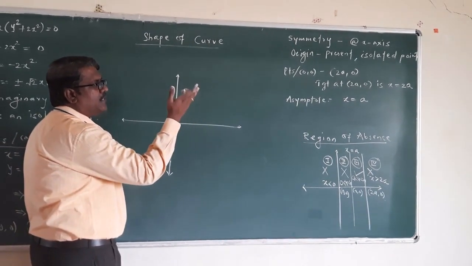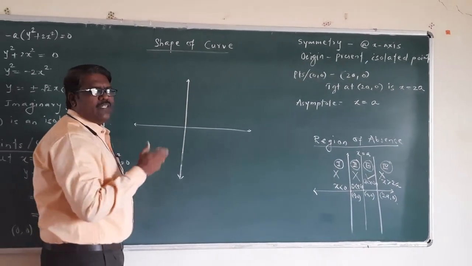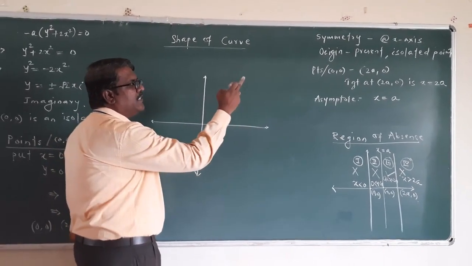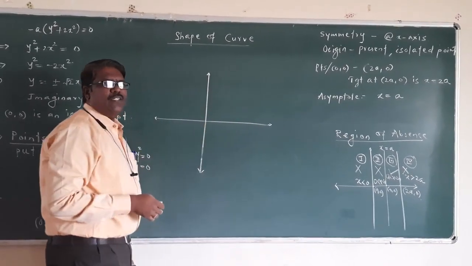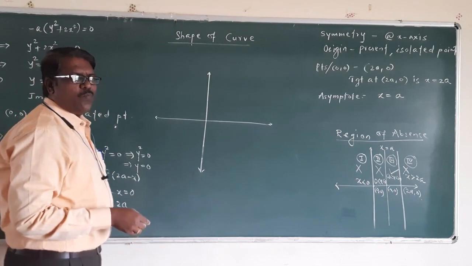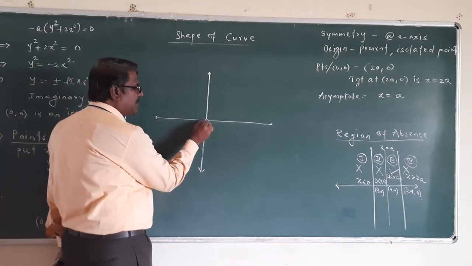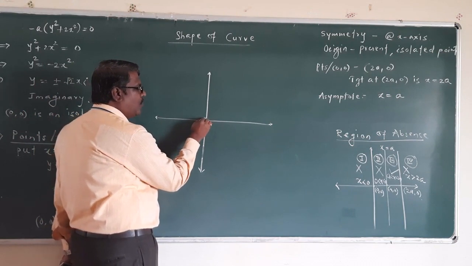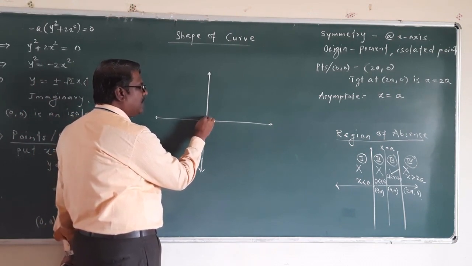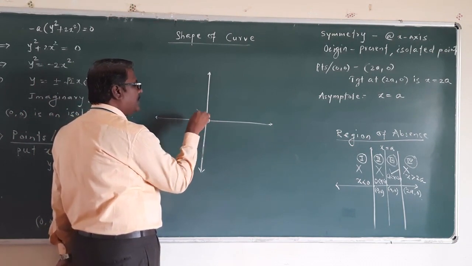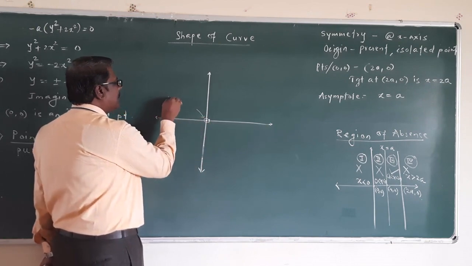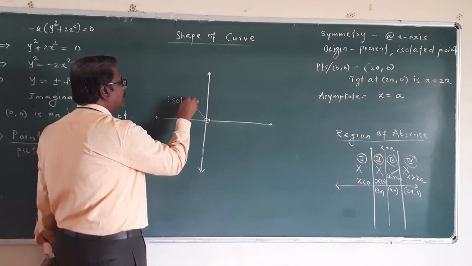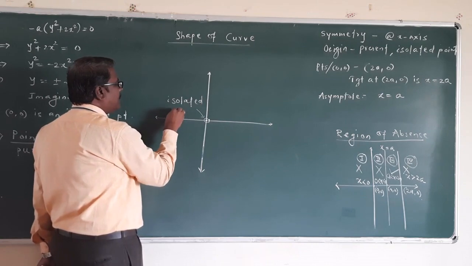Yes, there is an imaginary tangent, and imaginary tangent means the origin is an isolated point. So if the origin is an isolated point, we represent the origin as a dot and then a small circle around it, and now we give the name for this origin as isolated point.